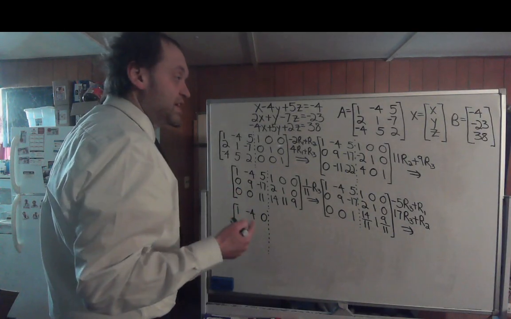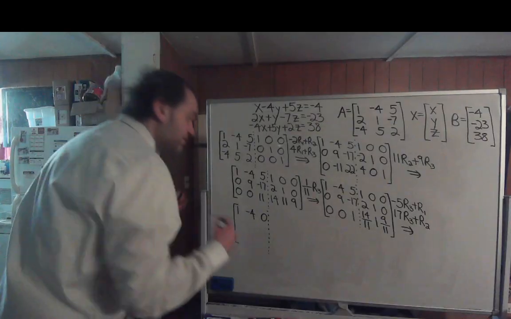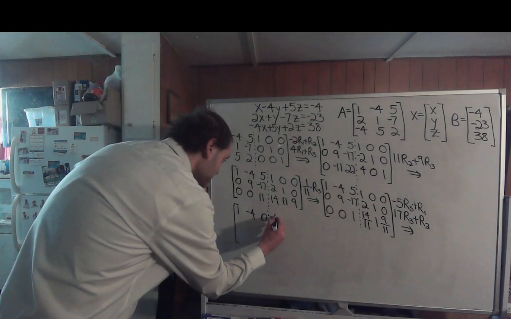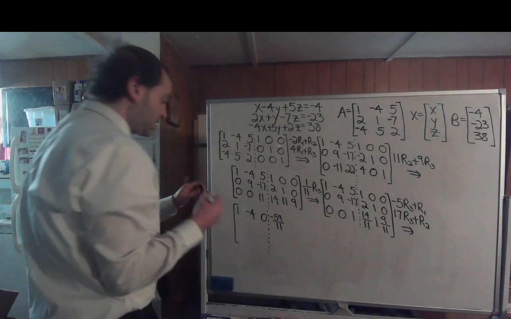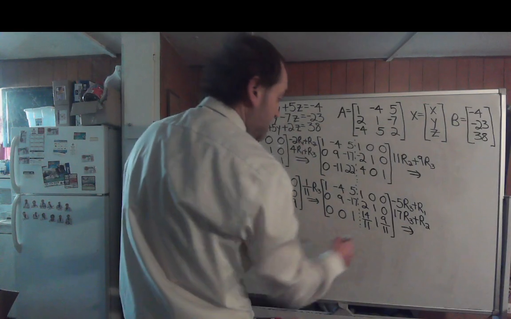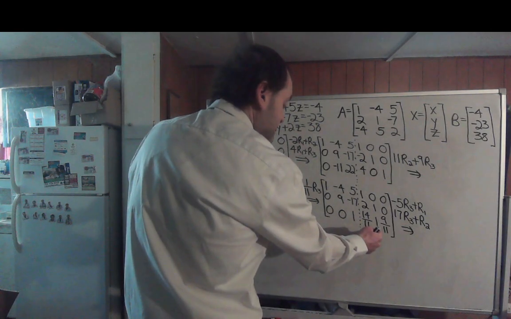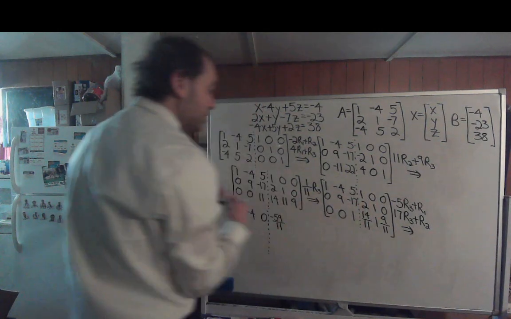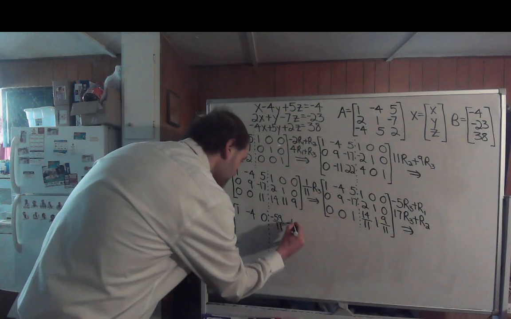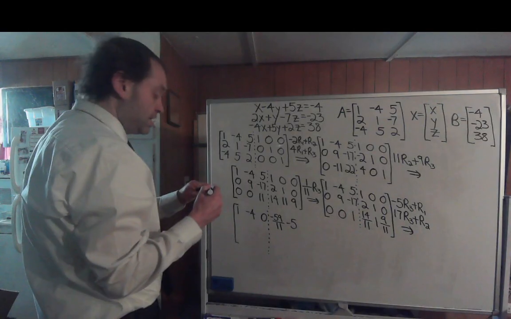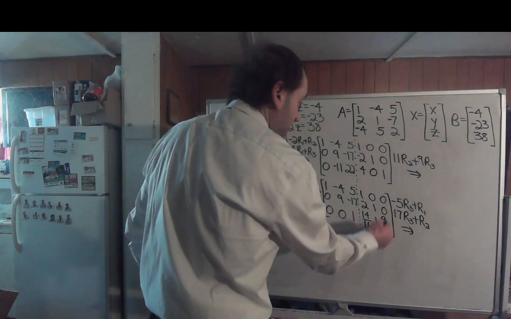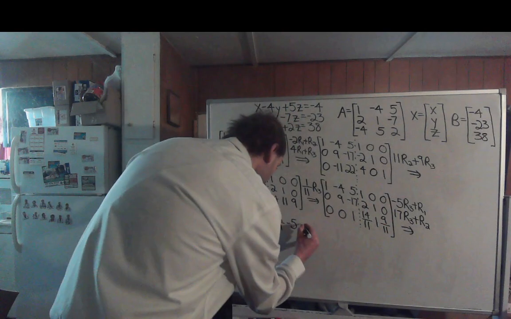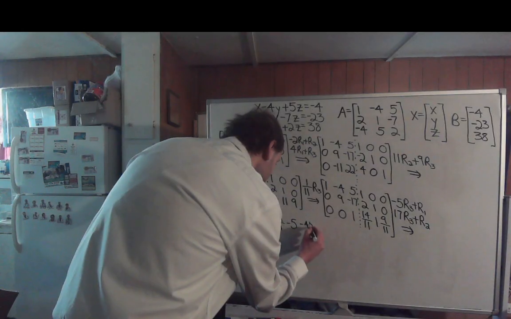So negative 70 plus 11 is negative 59 elevenths. Negative 5 times 1 is negative 5, plus 0 is negative 5. Negative 5 times 9 elevenths is negative 45 elevenths, plus 0. That's what you'll get, negative 45 elevenths.